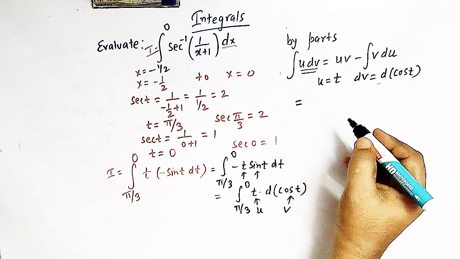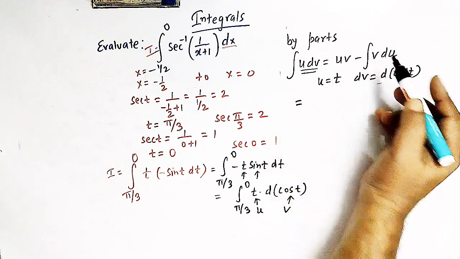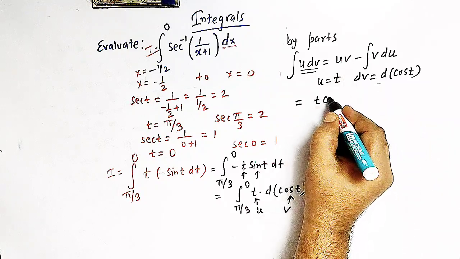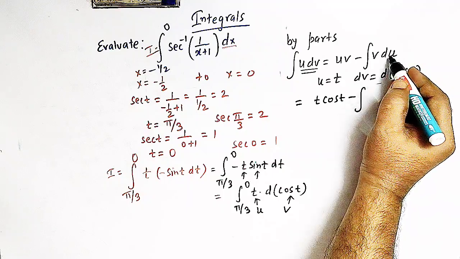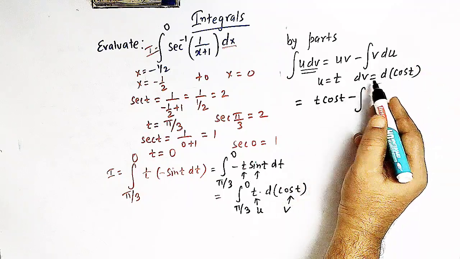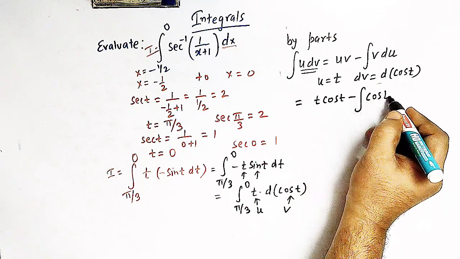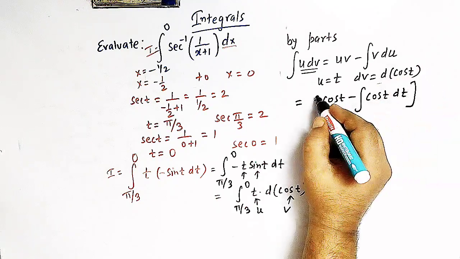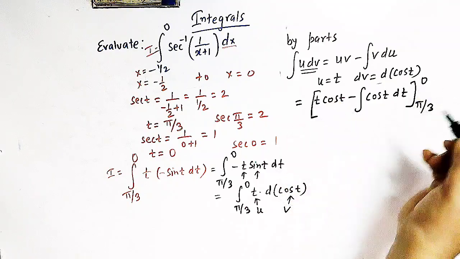Now we have the formula uv minus integral v du. So uv is t cos t, then we have integral v du, and v is given by cosine t, and du is given by dt, and the limits of integration are from pi by 3 to 0.